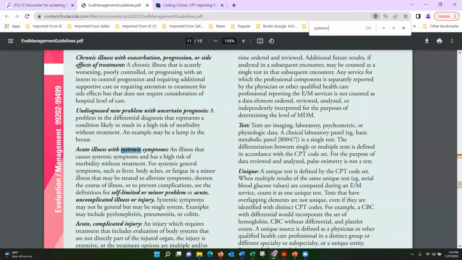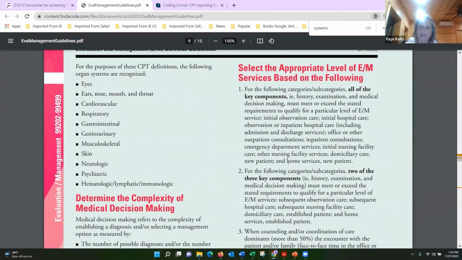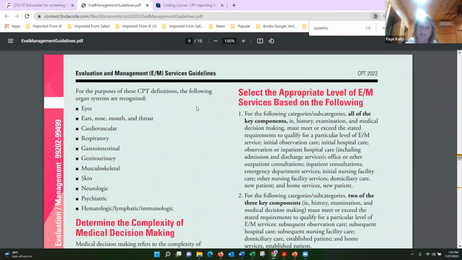Systemic symptoms may not be general, but may be a single system, such as the pneumonitis or the colitis, because that's an infection running. And with those infections, you're going to have that fever and you're going to have the body aches. Go back and look at your guidelines, read them. Don't just look at them.